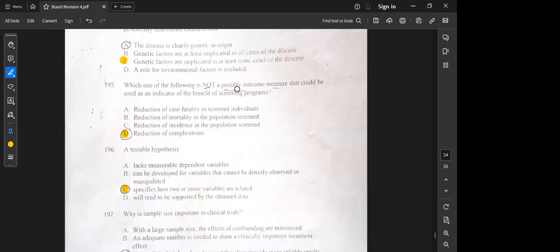D, because it's not an outcome to measure. I don't know, in what reduction of complications in population or what. I also don't understand how D makes more sense.